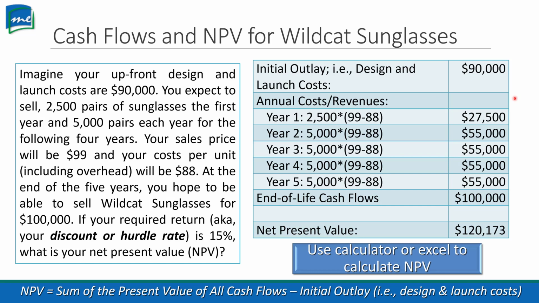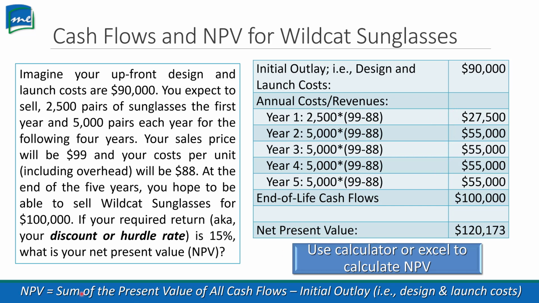But just so you know, your net present value, in this case, looks like this. You have a discount rate or hurdle rate of 15%. So just so you understand, you're taking 15% of everything right here.